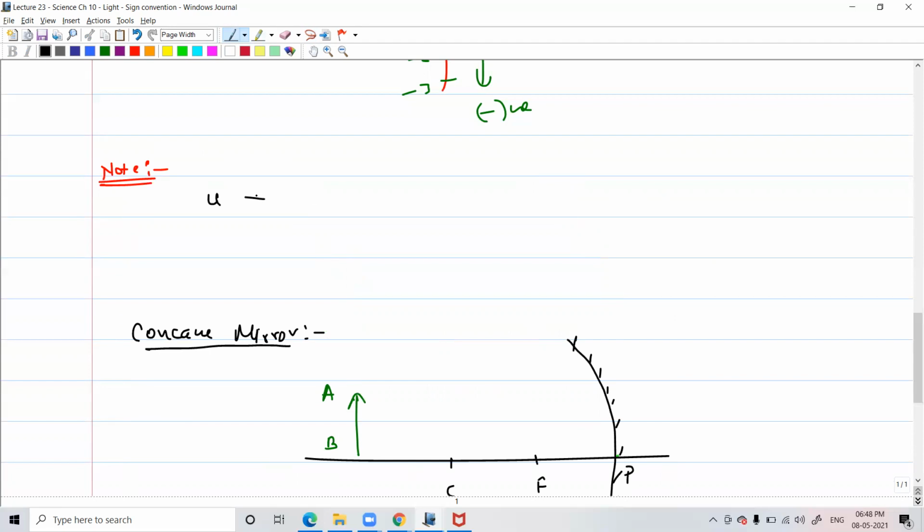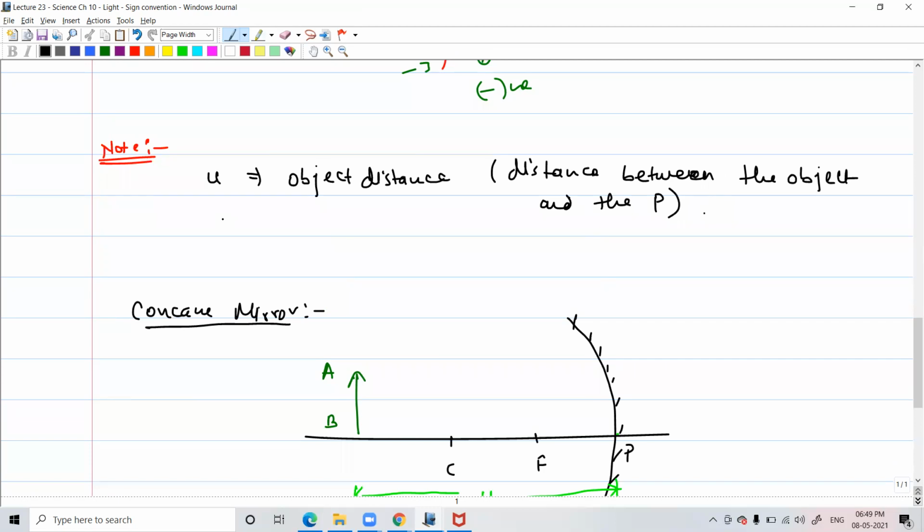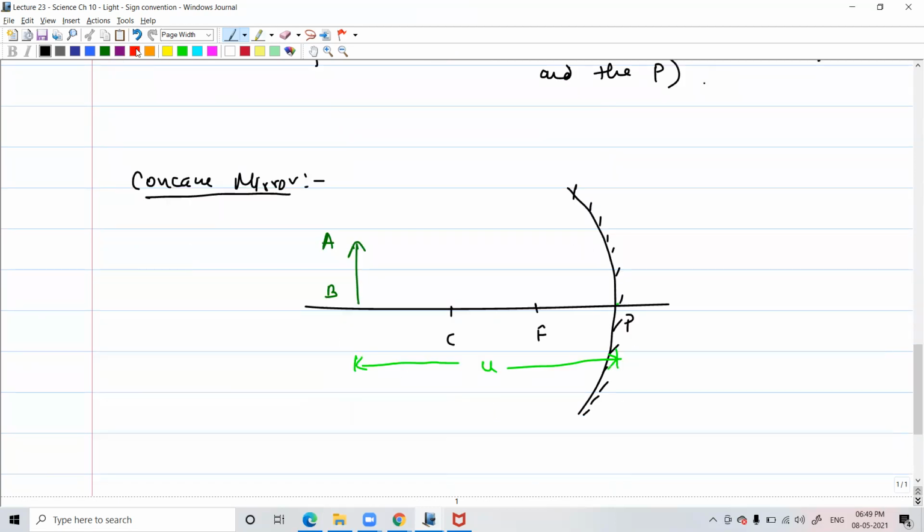So U is called the object distance. And what is this distance? It's the distance between the object and the pole. Okay. Then somewhere the image will be formed.